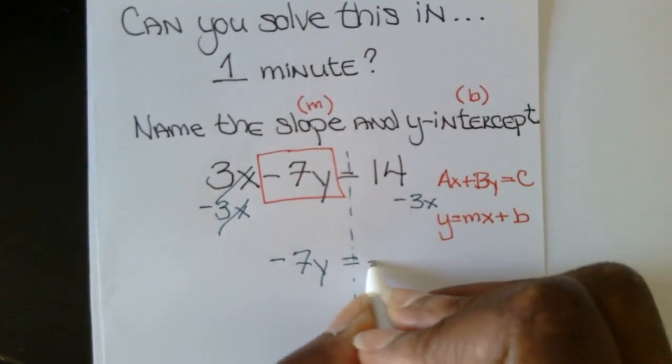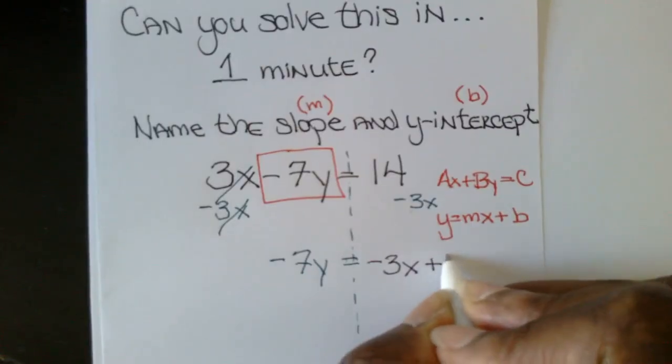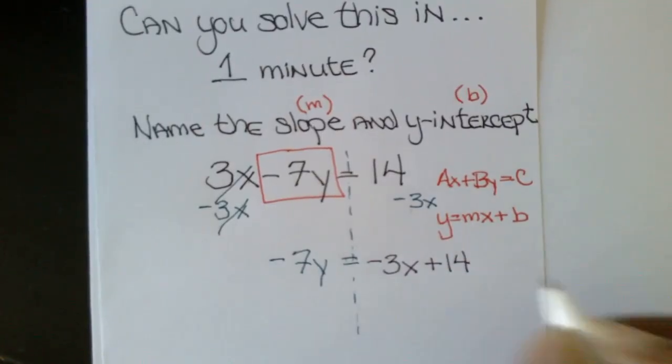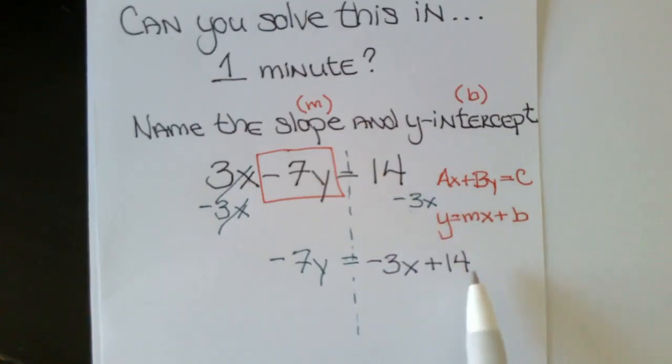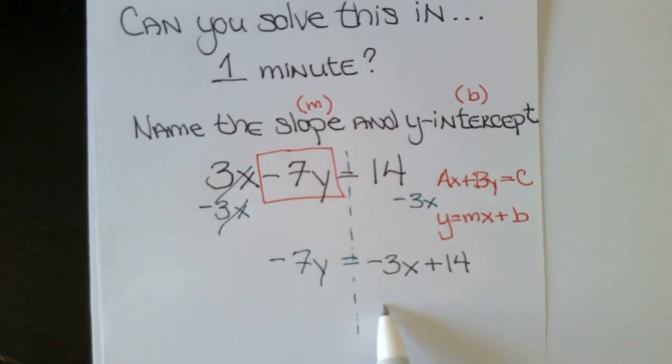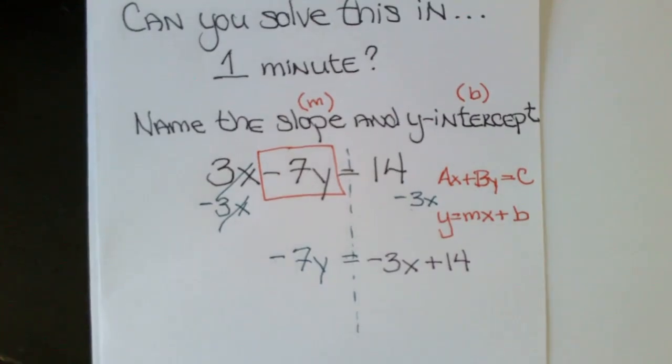So what I like to do, if I put it in slope-intercept form, is attach the negative 3x, and since that's a positive 14, I put a plus 14. Now, if you like to read it the way I do, I can write 14 minus 3x, as long as you understand that negative 3 is attached to that x, that's perfectly fine. But now, yes, Ken, thank you.